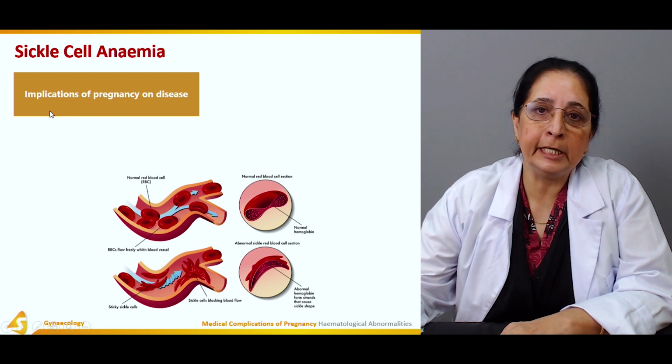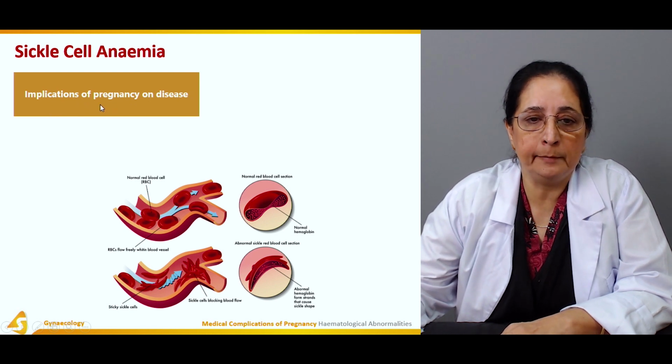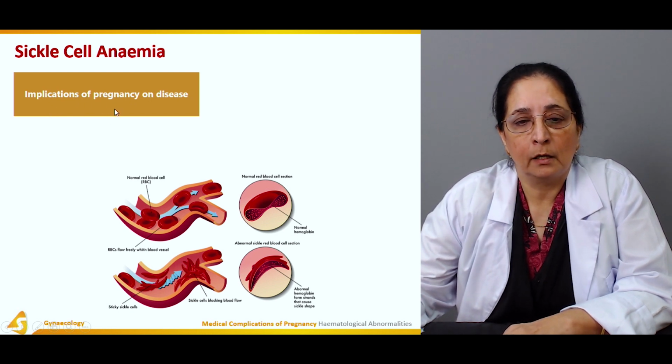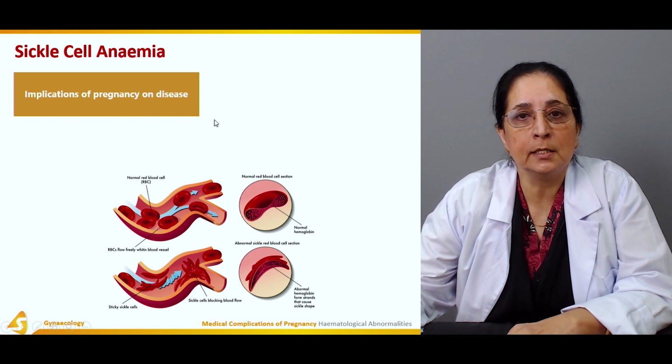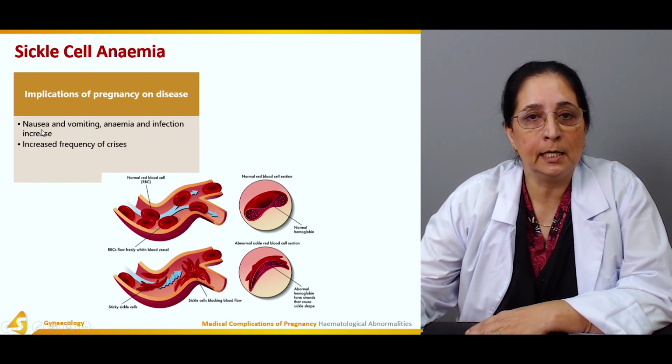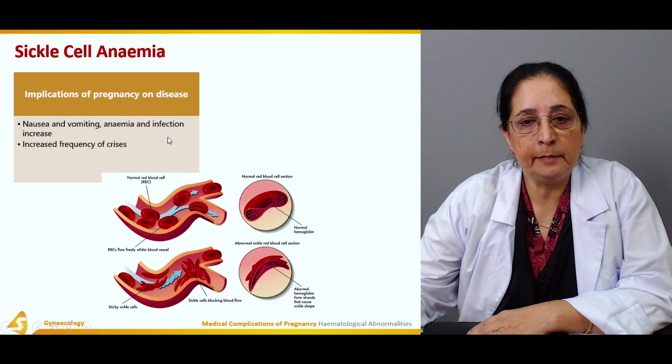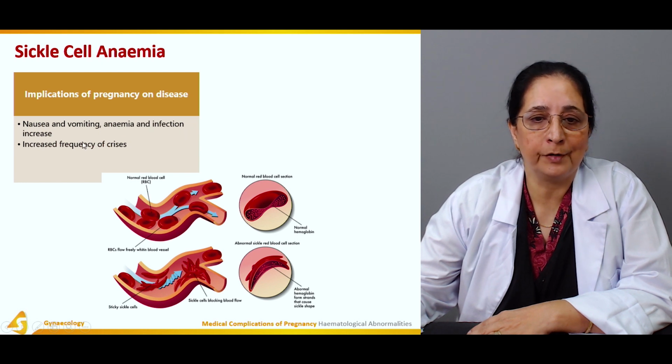What are the implications of sickle cell anemia? Implications of pregnancy on sickle cell anemia or disease: nausea and vomiting, anemia and infection increase.